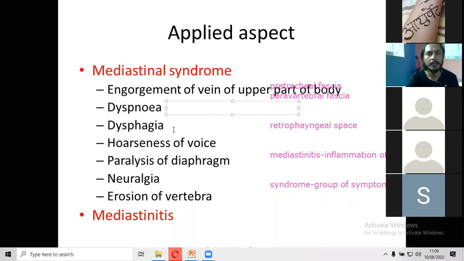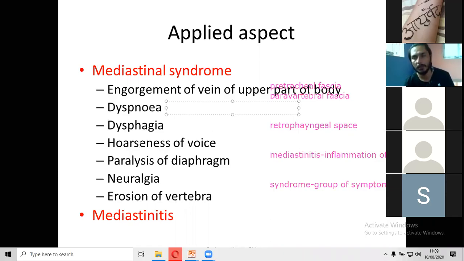Okay, are you getting? Yes, sir. If the tumor is compressing the left recurrent laryngeal nerve, which supplies your voice box, that voice box is for production of sound. So if that tumor compresses the left recurrent laryngeal nerve, your voice will change. That is hoarseness of voice.